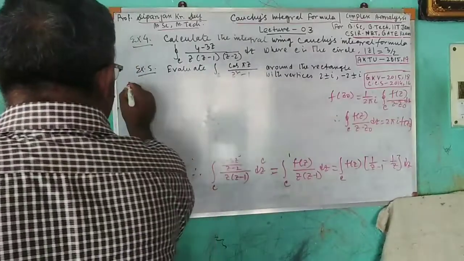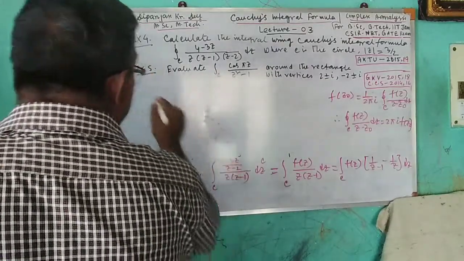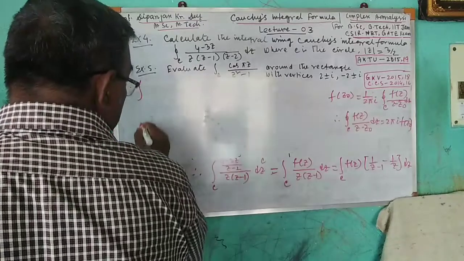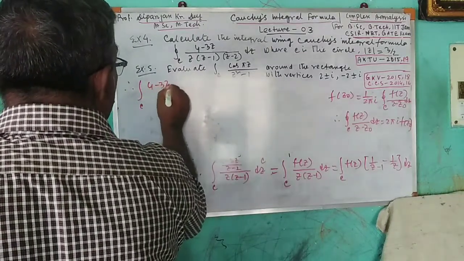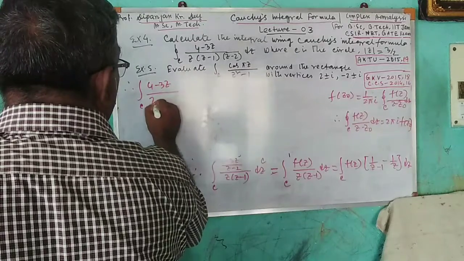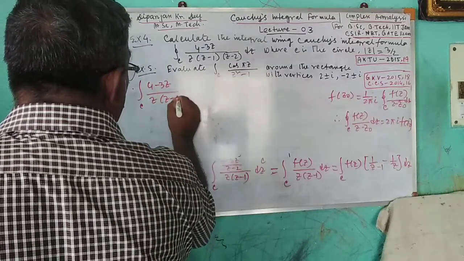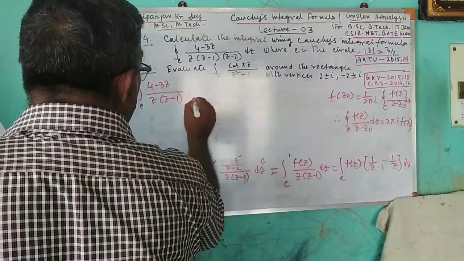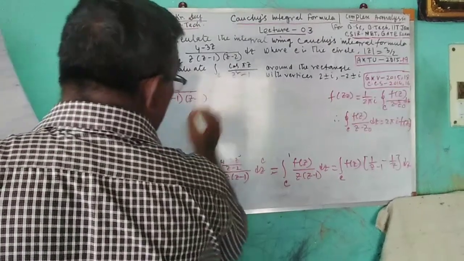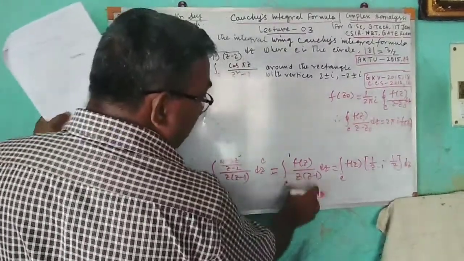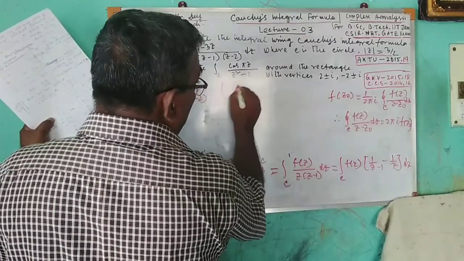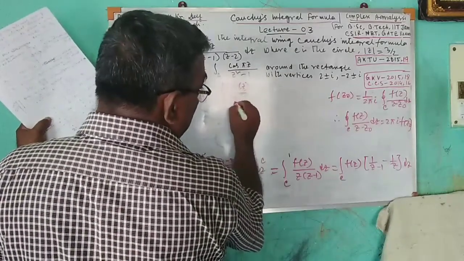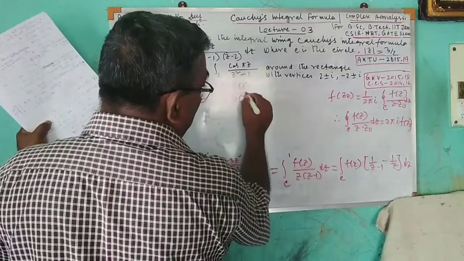Therefore, this can be written as the integral along C of (4 minus 3z) by z into (z minus 1) into (z minus 2), which is f(z) by z into (z minus 1) dz.